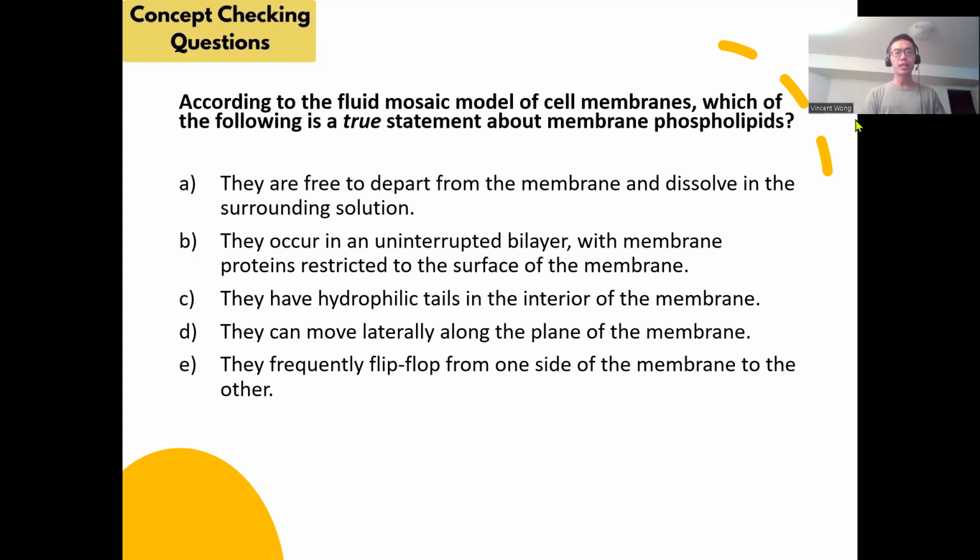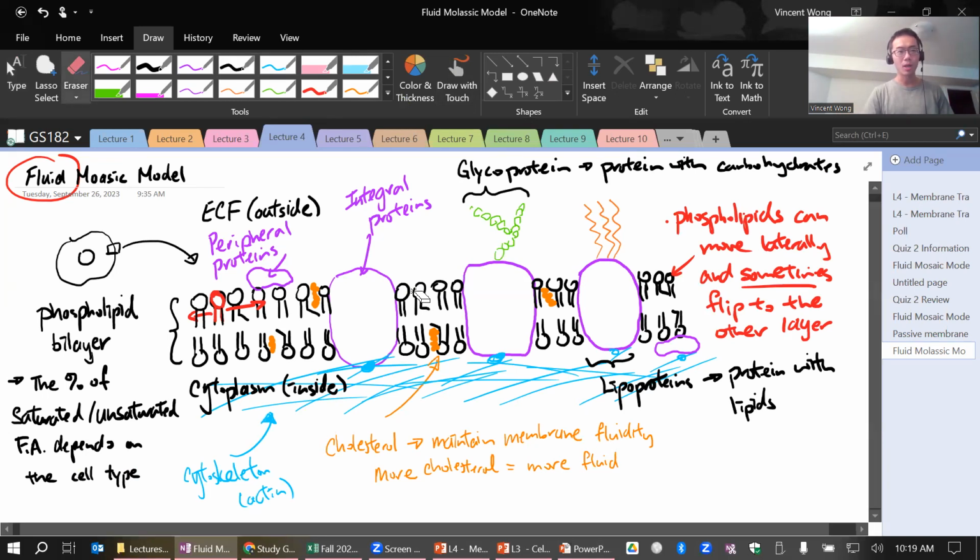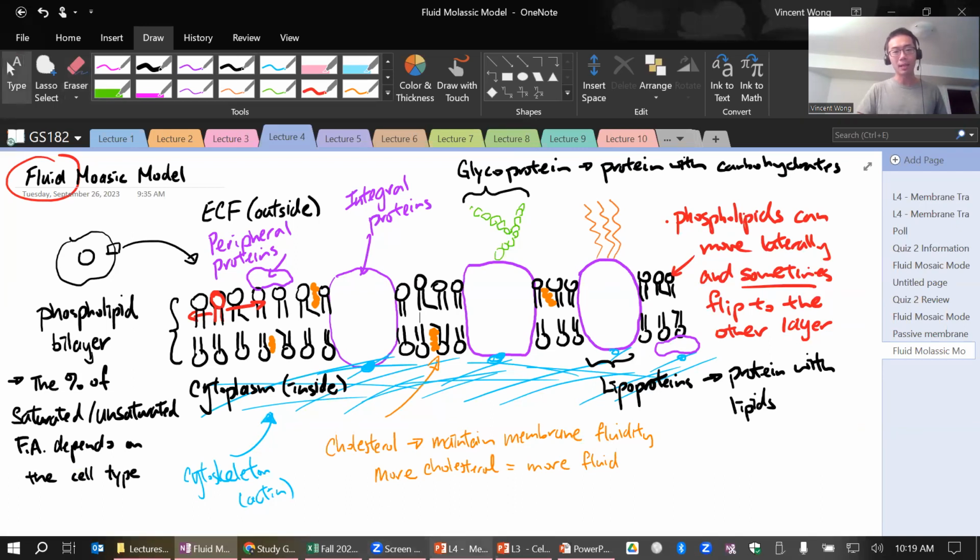First one, they are free to depart from the membrane and dissolve in the surrounding solution. That is not true. That would mean one of these phospholipids can just decide it doesn't want to be part of this membrane anymore and pops out. If that were the case, you might lose your whole membrane. So that's why it's false.